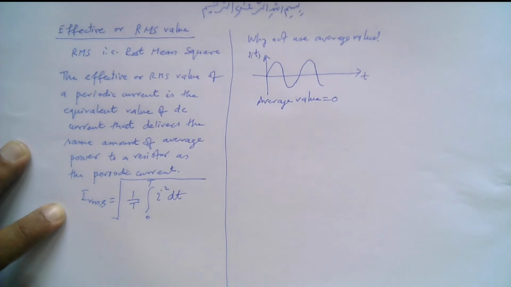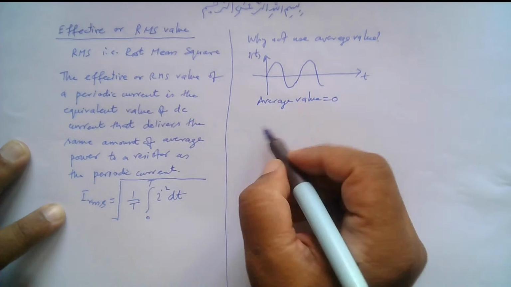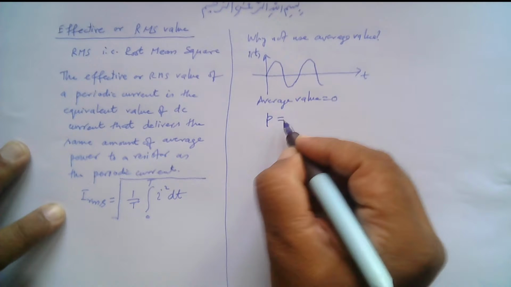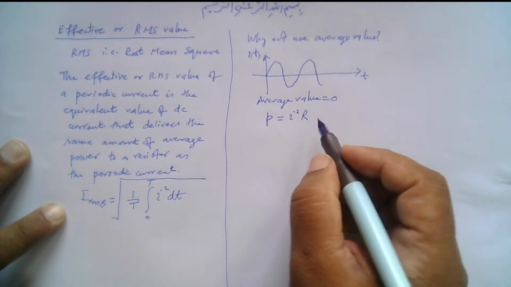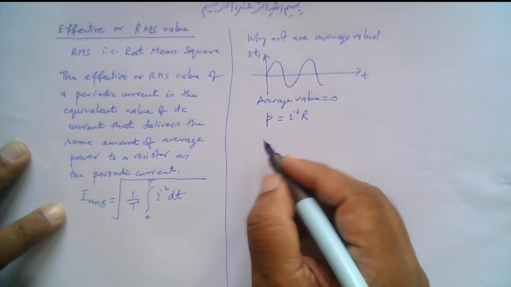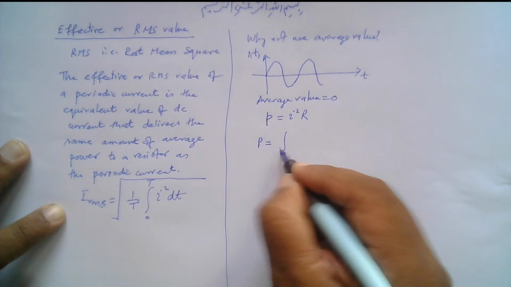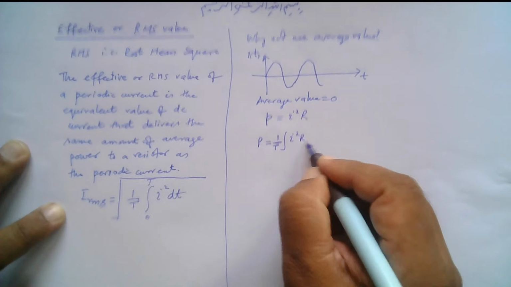And one more thing, if there is a resistor R, as we are talking about a resistor here, the instantaneous power is given by p equals I square R, right? And then the average can be calculated over one period. For example, the average power in this case is given by 1 over T, integral from 0 to T of I square R dt.